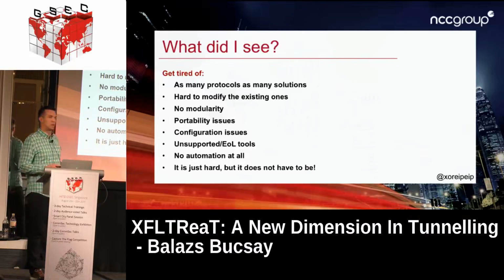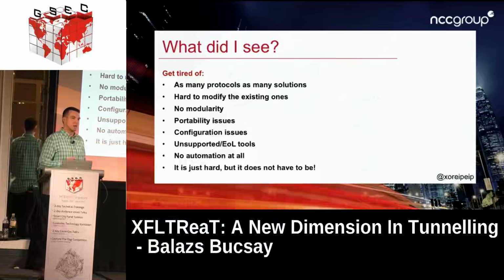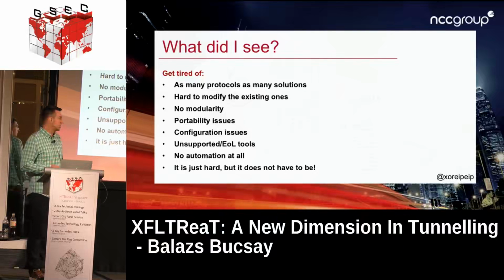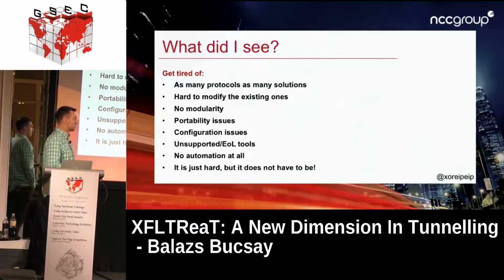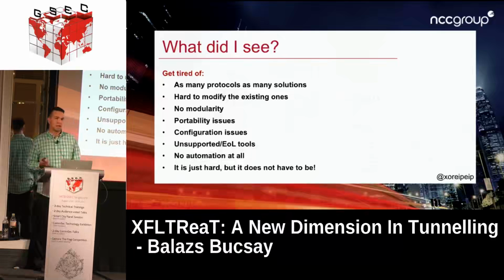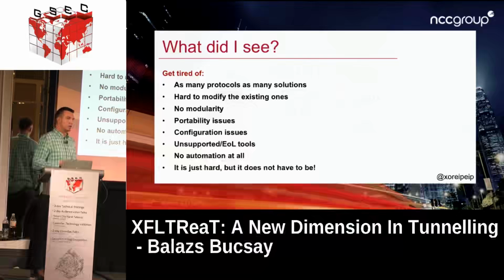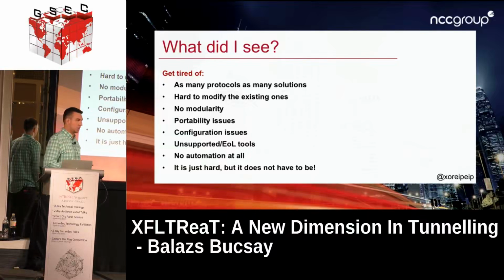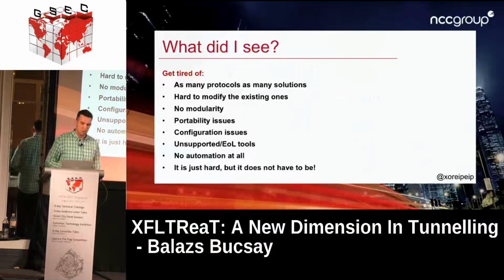You need to learn the syntax. You need to learn the arguments. You need to configure everything differently. The languages are usually different. Some of them are Python, some of them are Perl, and that kind of stuff. So even if you have an issue, nobody cares because most of the tools are end of life or unsupported now. So you can either fix the bugs in the tool yourself in different languages, or you write your own sometimes.